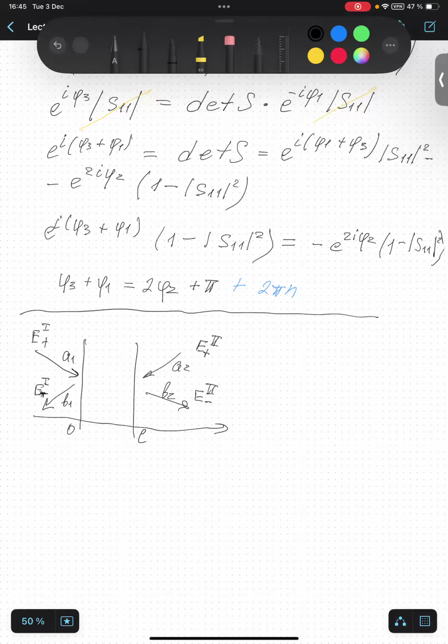So here electric field, some component of electric field, it actually doesn't matter for now which component, because we are in vacuum. So how are fields A1 and B1 related to each other?